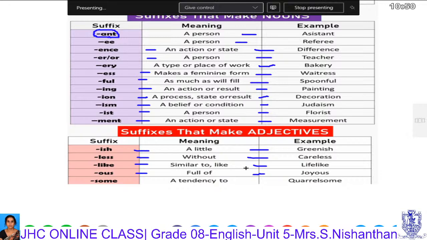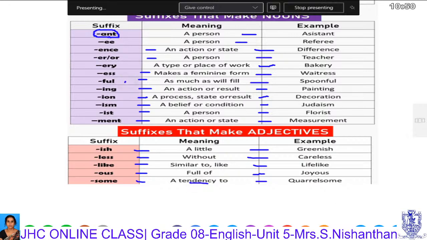Joyous. And some, a tendency of. Quarrelsome, if there are such characteristics, quarrelsome, right? Troublesome, right? A tendency of such characteristics.